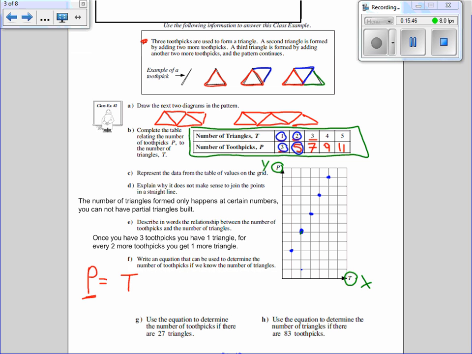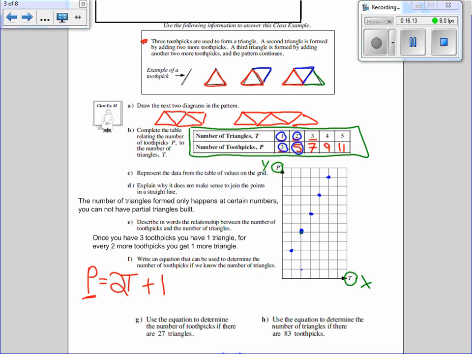So that 2 represents every 2 more toothpicks I was adding on. Now the problem was, if we left it like this right now, that wouldn't make sense, because the number of toothpicks wouldn't equal 2 times the number of triangles, because the very first triangle, you needed 1 extra toothpick.